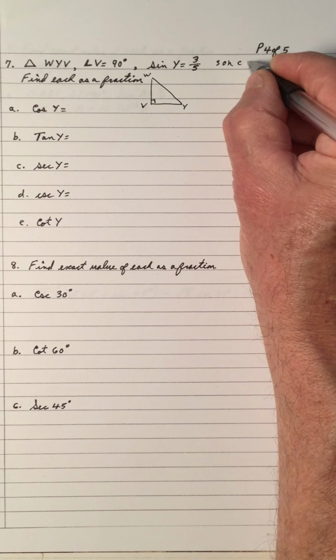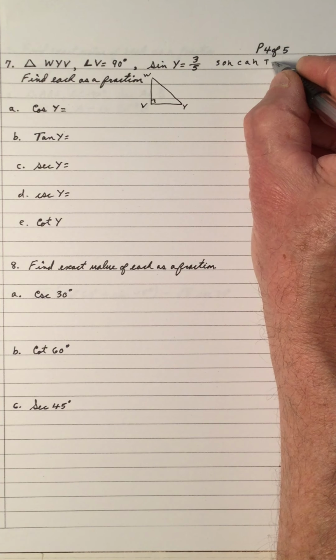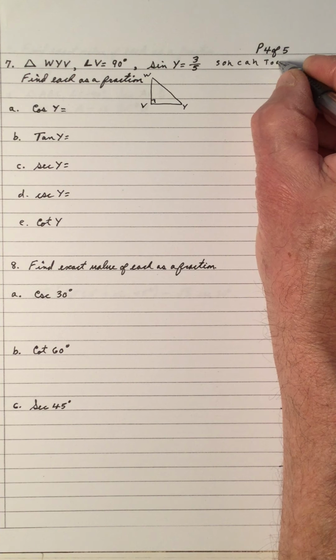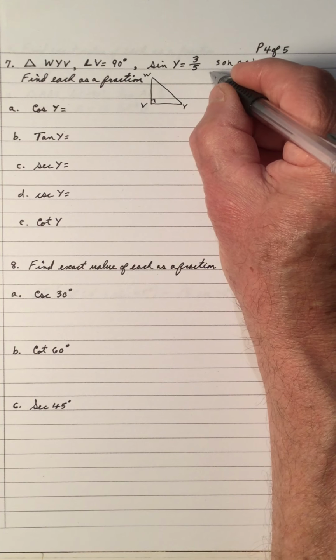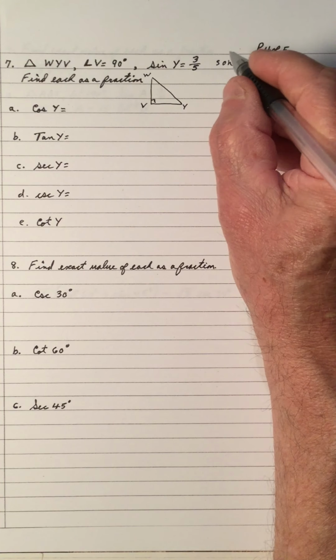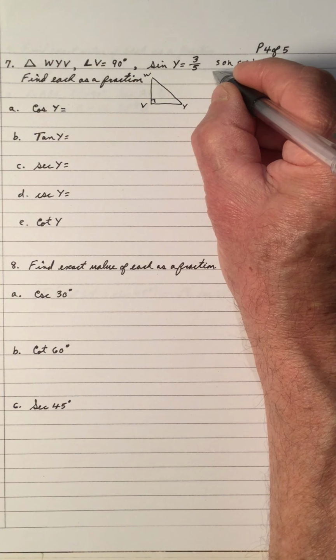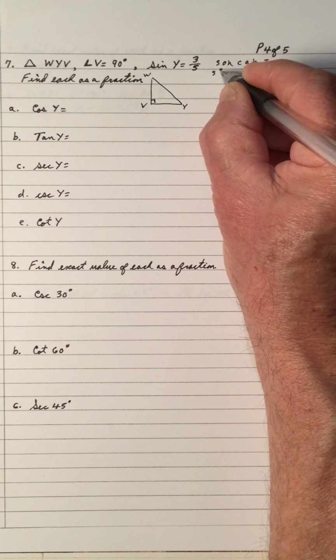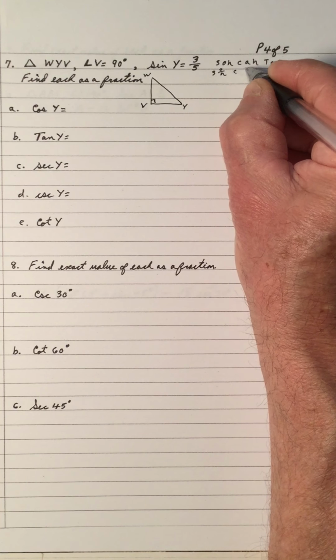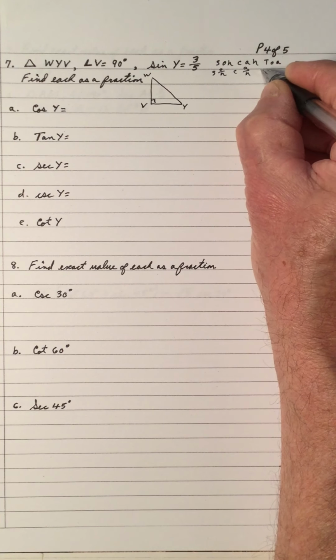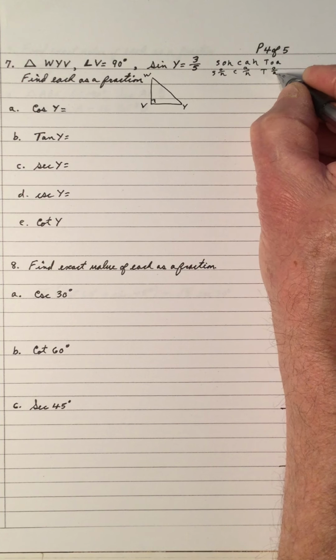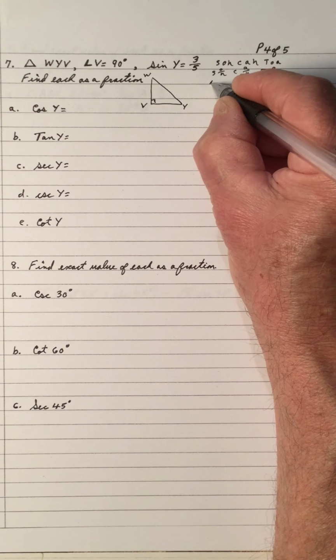Again, if you write this down in one spot, if you're doing trig and you wrote this down on a sheet of paper, you wouldn't have to keep writing it down like I'm doing. I'm writing it down just to make sure that I don't make a mistake, because it's so easy to make a mistake.